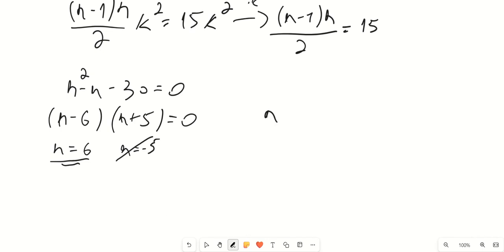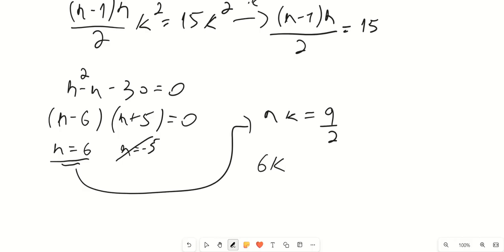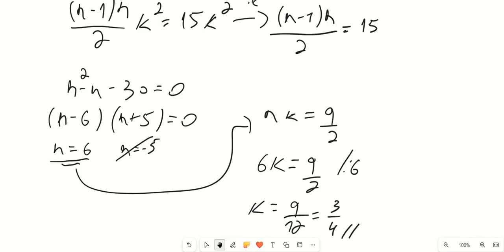So if nk is 9 over 2, I substitute n, and I get that 6k is 9 over 2, and k is 9 over 12, or if I simplify this term and divide numerator and denominator by 3, I get that k is 3 over 4.